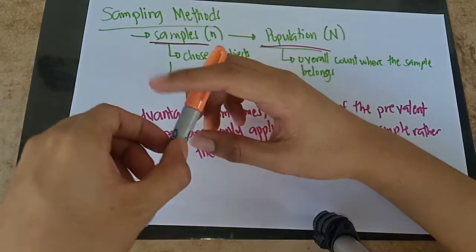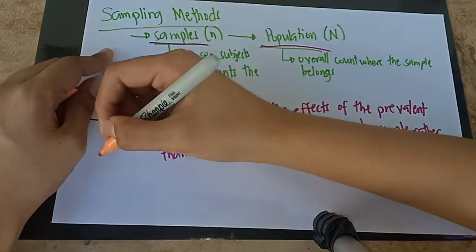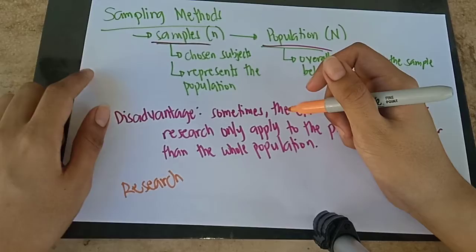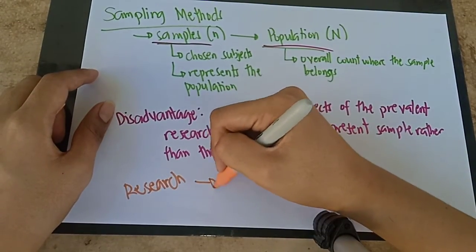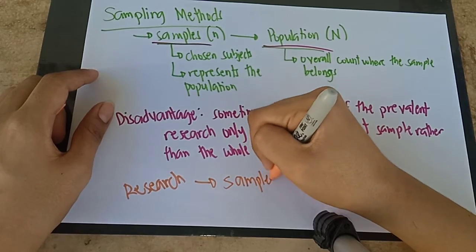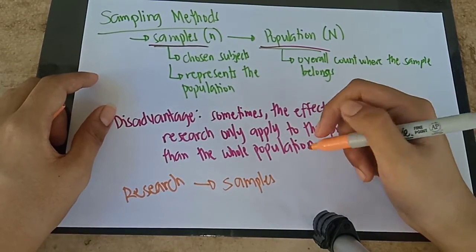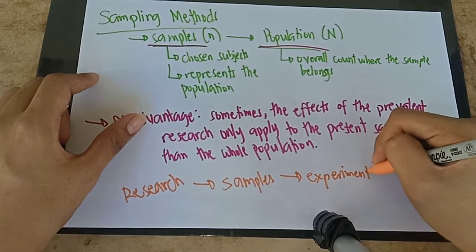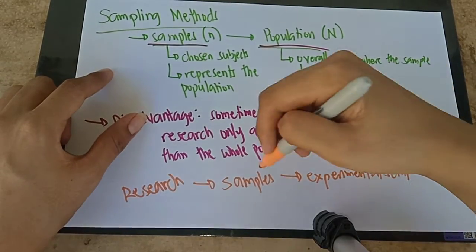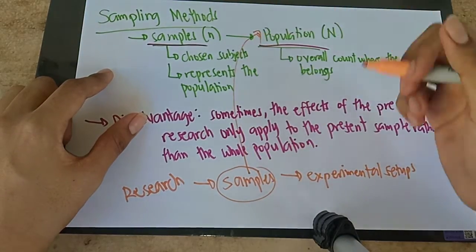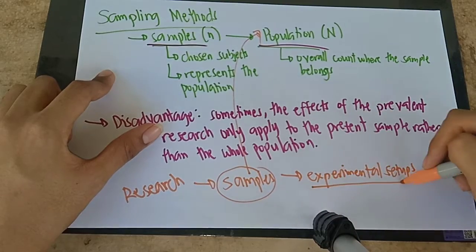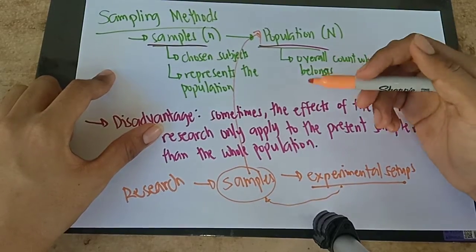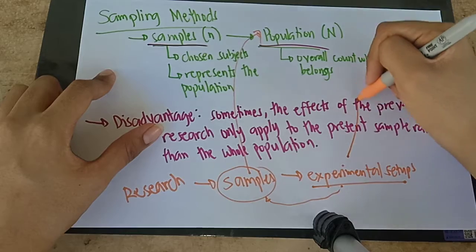Let us have this illustration to understand this disadvantage. Let's say we conducted a research, and this research used different samples. These samples are subjected to experimental setups. Since these samples represent the whole population, the experimental setups can apply to the samples, but there is doubt that they can also apply to the population.